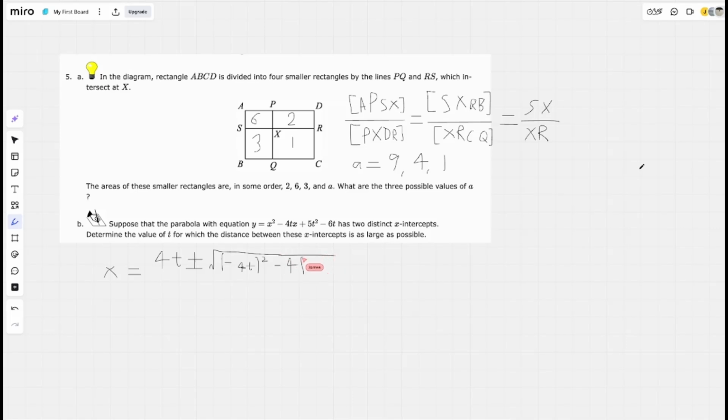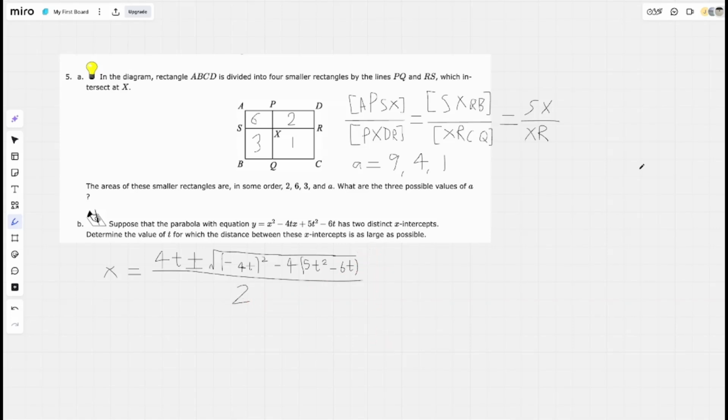And c is 5t squared minus 6t. So you divide by 2a, and since a is 1, you just divide by 2.